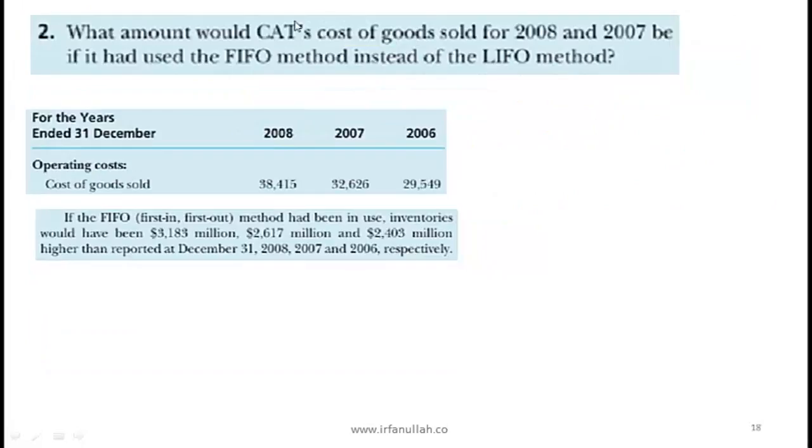Okay, so the next will be for cost of goods sold. We'll just do 2008, obviously for the rest of the years it's the same method. Now again, what is COGS according to FIFO?